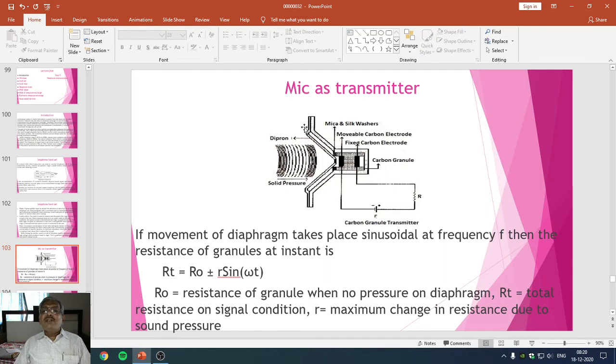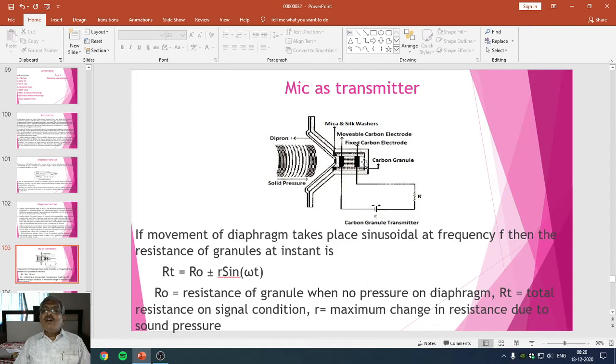Here, we are using this diaphragm, which is connected to the movable carbon electrode, to convert applied sound pressure into its corresponding mechanical displacement.